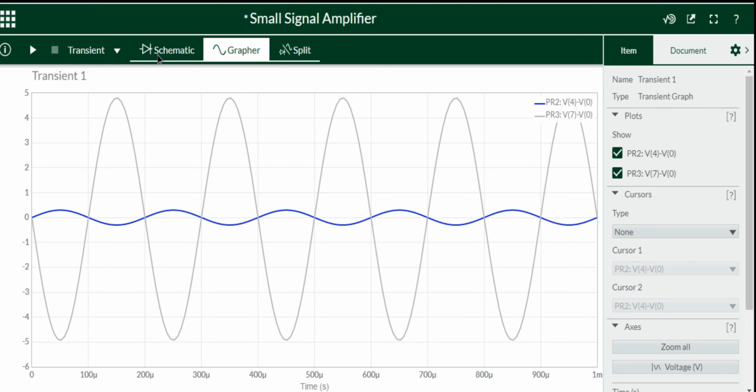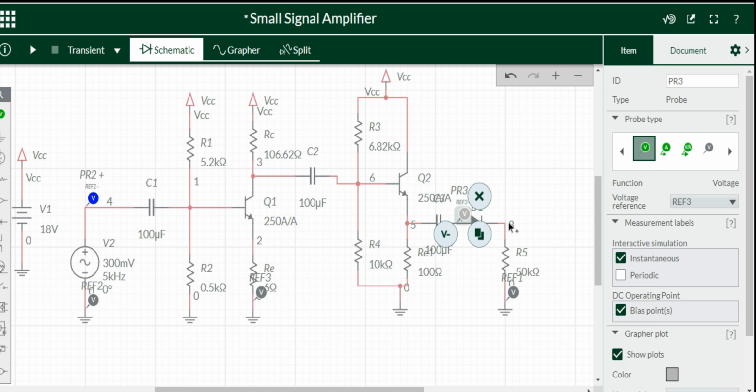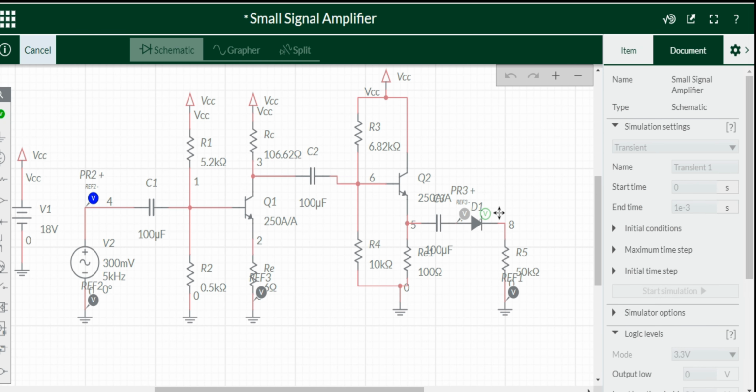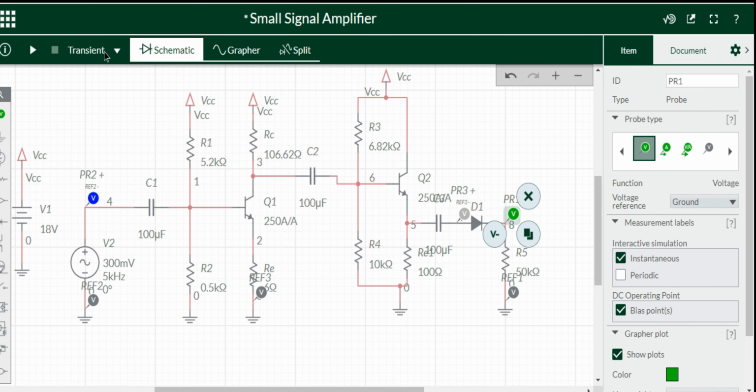Right now I will add our main signal, which is the half wave rectified signal. So I will add another voltage probe so that all the signals are displayed in a single window.